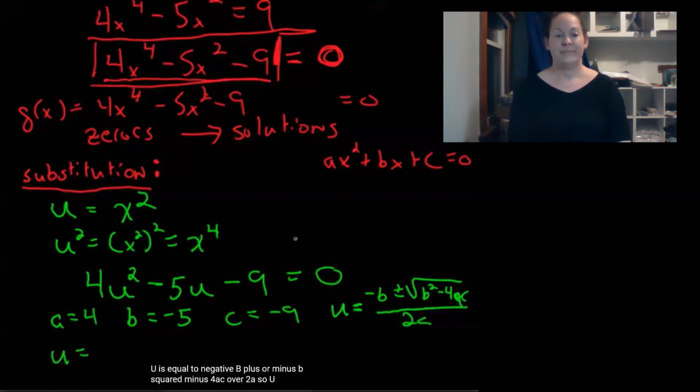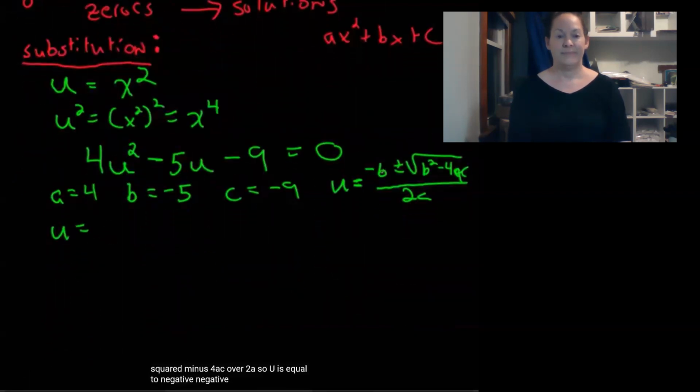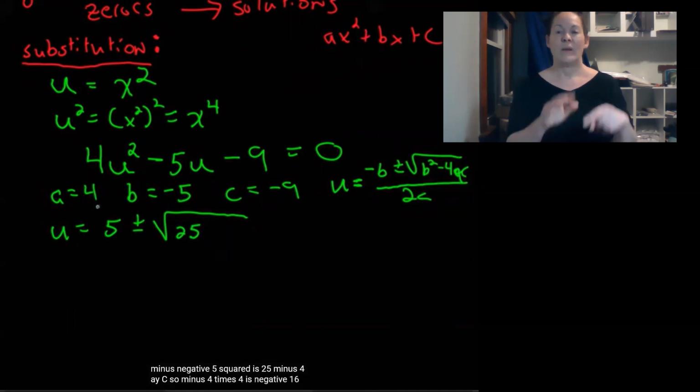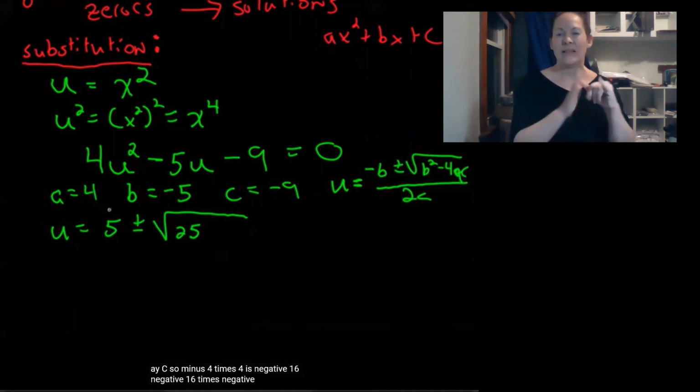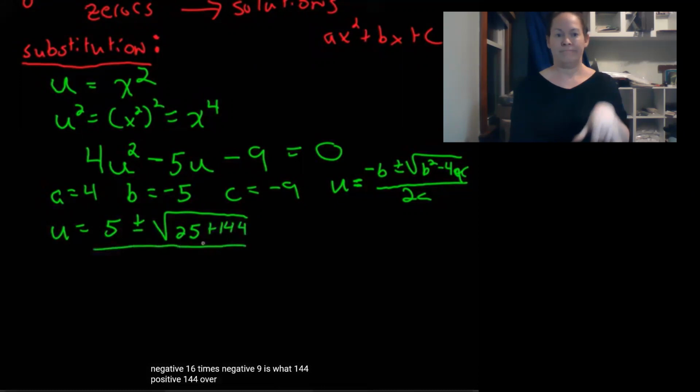So u is equal to negative negative 5 is 5, plus or minus negative 5 squared is 25, minus 4ac. So minus 4 times 4 is negative 16. Negative 16 times negative 9 is what, 144? Positive 144, over 2 times a, which is 8.